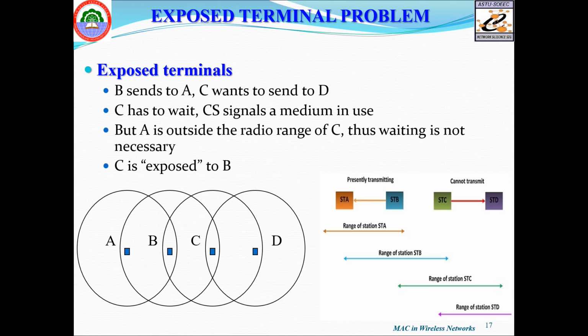The stations are in a configuration such that the two receivers, STA and STD, are out of radio range of each other. So they cannot communicate directly, but the two transmitters B and C are in the radio range of each other.